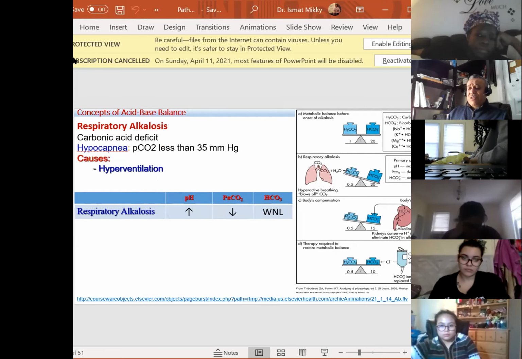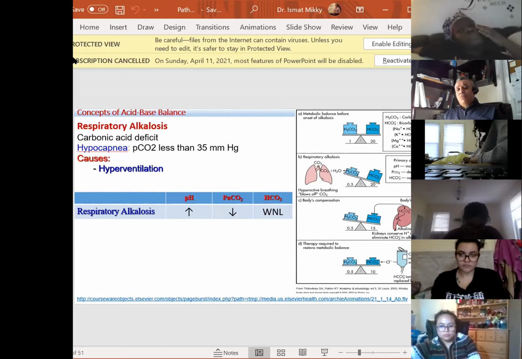Now the alkalosis, which is respiratory alkalosis, results when the patient's carbonic acid drops, and that would result in hypocapnia. PaCO2 will drop less than 35, and that would result from hyperventilation, pneumonia, heart failure.